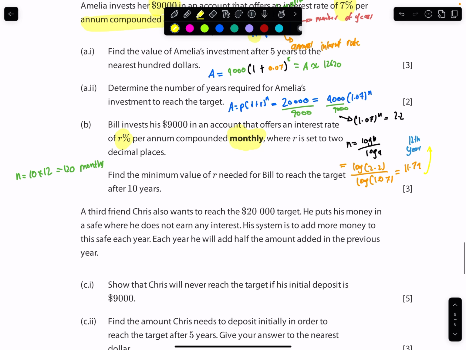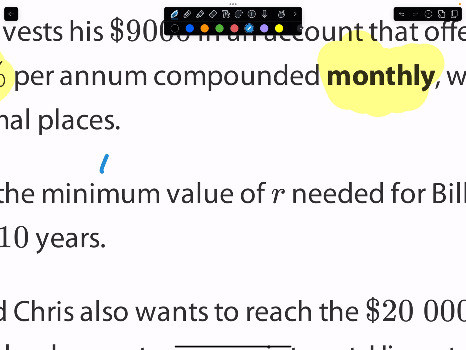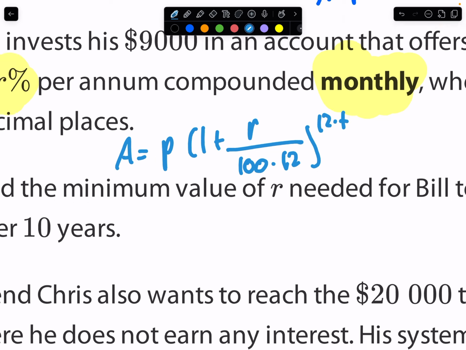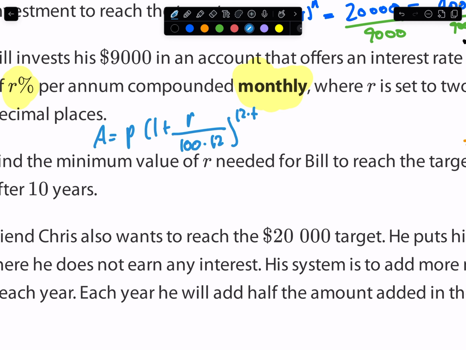We're solving for the minimum annual rate R. So A is equal to P(1 + R/(100 times 12))^(12T), where A is the future value, R is the annual interest rate. We divided by 12 to get the monthly rate, and raise to the power of the total number of months, 12T. Now we solve.